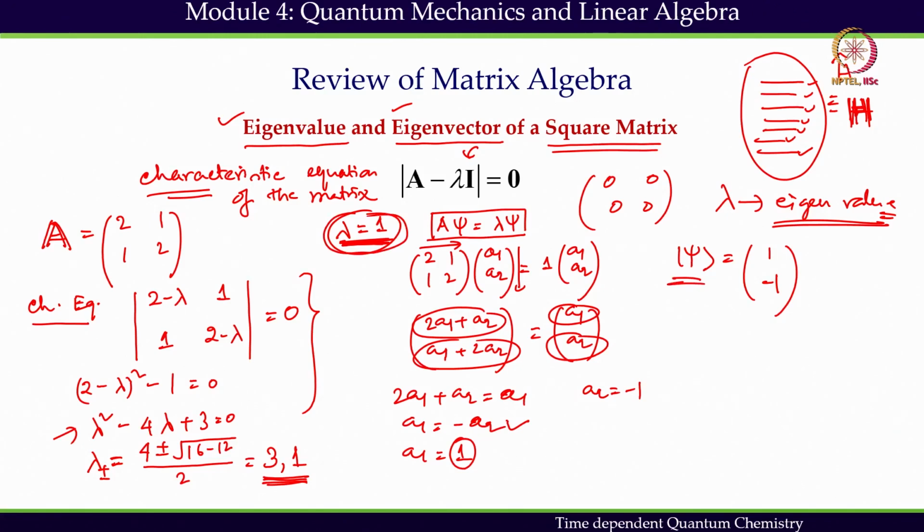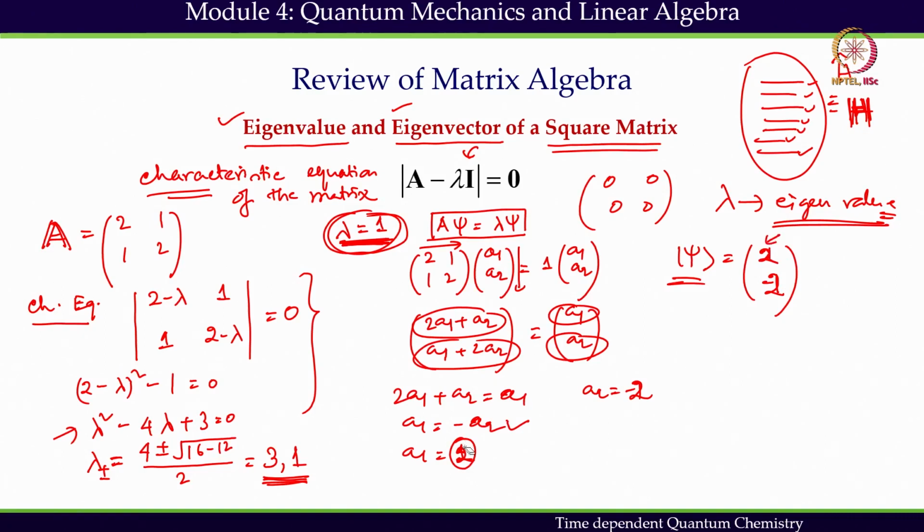One can suggest, okay, I do not want to use 1, I want to use 2, and then I can get 2 and minus 2, that is also fine. It does not matter what we use, because the moment we take 2, it means that I am changing the basis. Depending on the basis, I may get different coefficients.